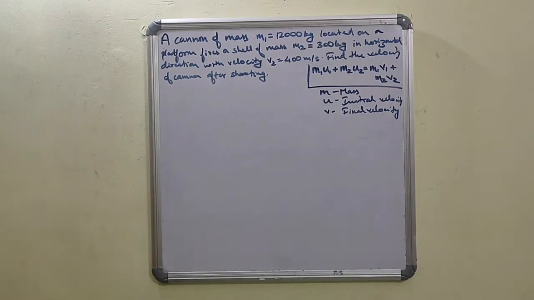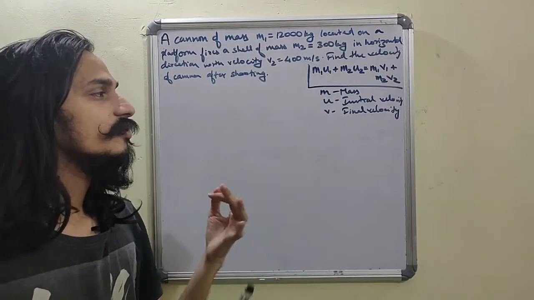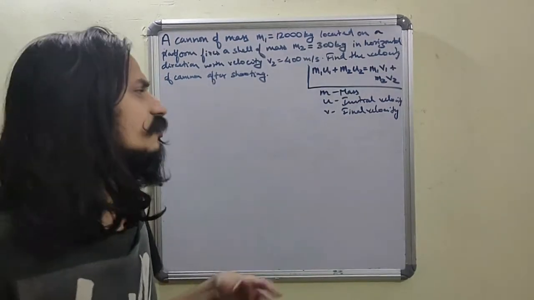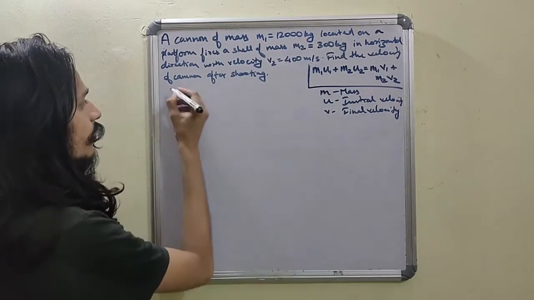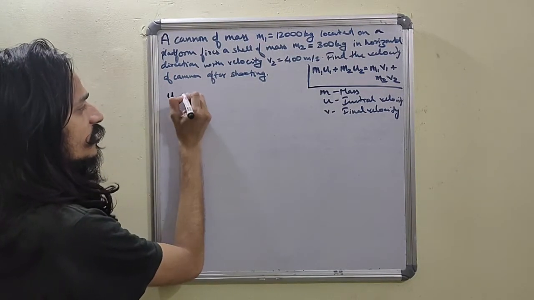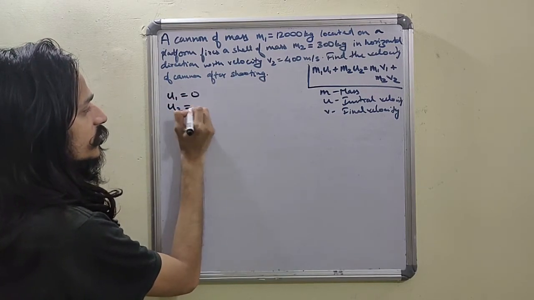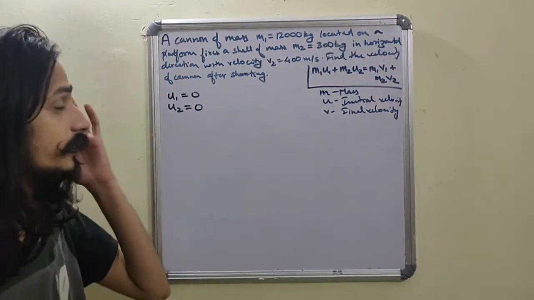Now, before firing, if none of them are moving, can I say initial velocity is 0, right? Because they are not moving, no speed, right? So 0. So that's the first thing I will write. Initial velocity is 0 for both the objects, object 1 and object 2. All right.